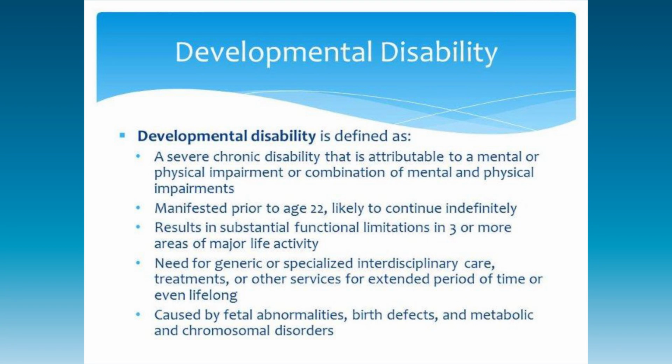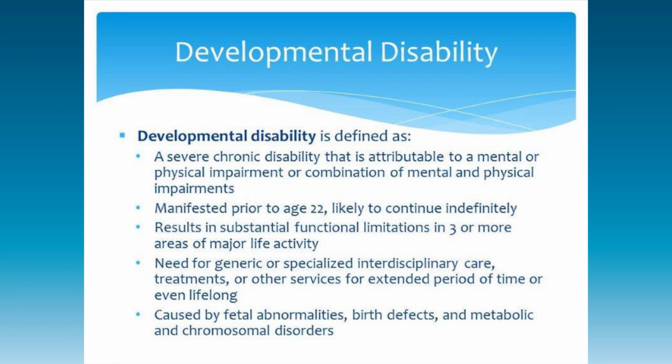Okay, and then the last section is some of the developmental disabilities. These are more conditions, not disease states. Developmental disability is defined as a severe chronic disability that's attributed to a mental or physical impairment. It could be a combination of both. It usually manifests before 22 years of age, and it's going to continue indefinitely.